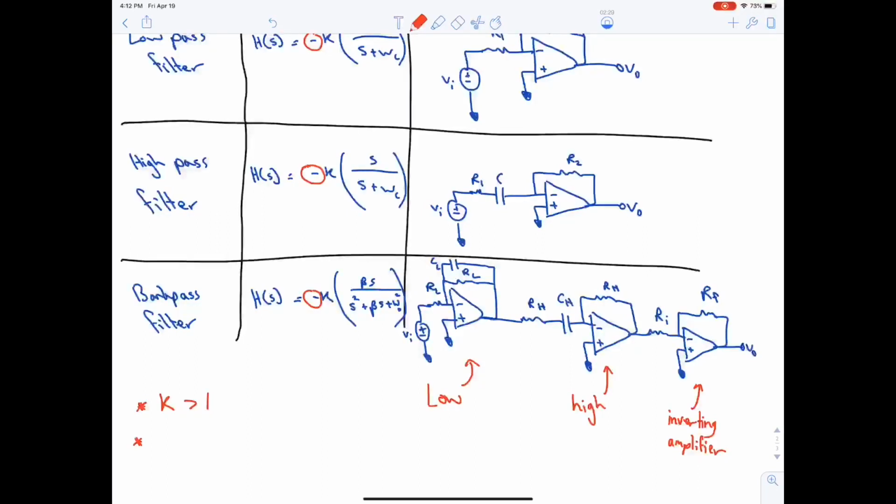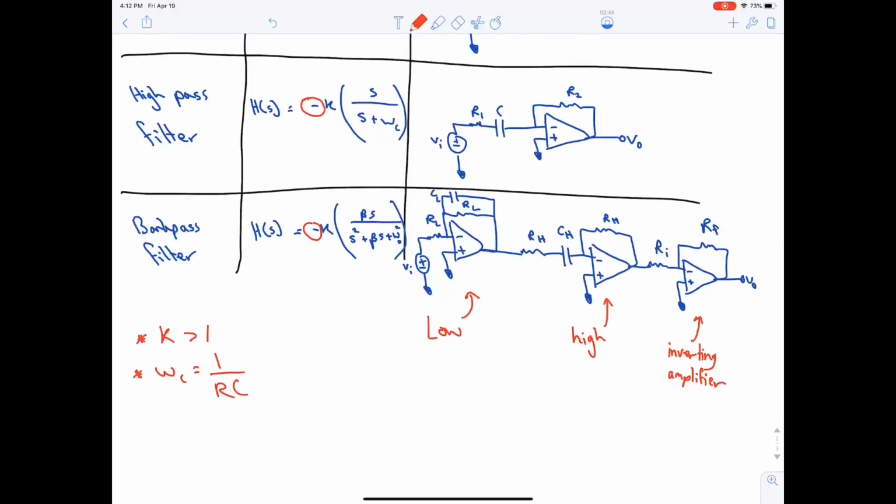So omega c here will always be 1 over RC, because omega c is either 1 over RC or R over L, and as we do not have an inductor, it will always be 1 over RC.